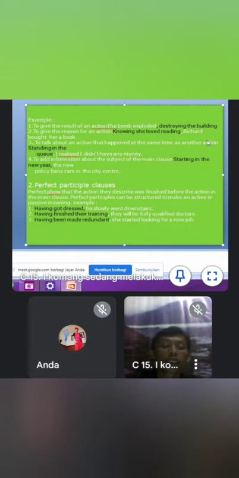The second: having finished their training, they will be fully qualified doctors. And the last: having been made redundant, she started looking for a new job.